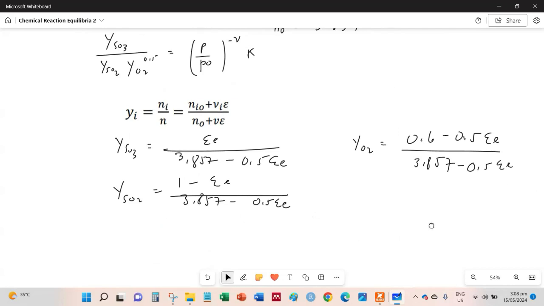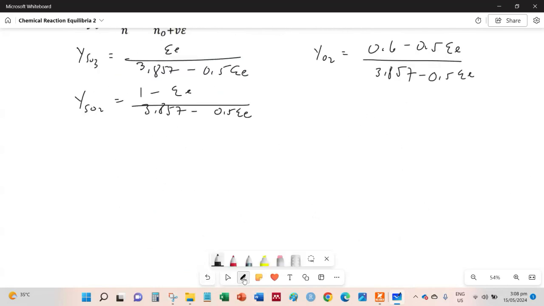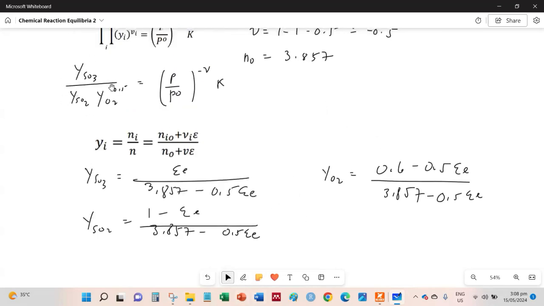So now we substitute it into our equation. So by the way, let's complete this. P is just 1, so this ratio is 1/1 raised to 0.5, so it's just equal to 1.